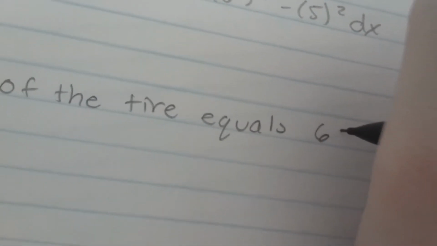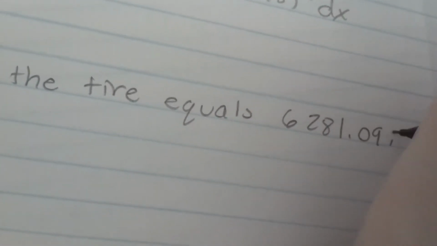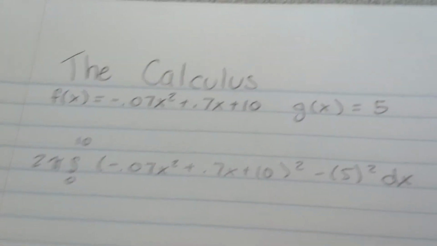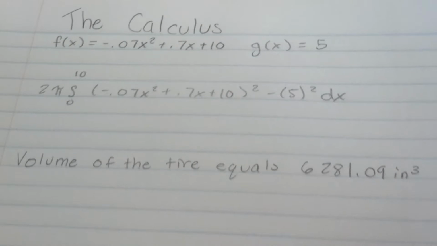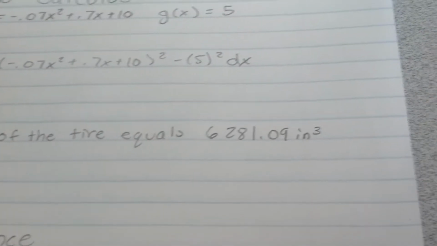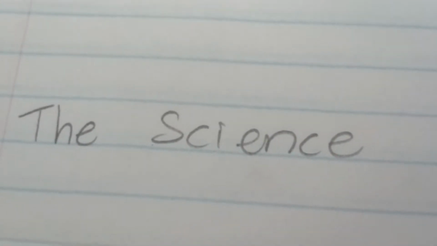Okay, from our calculations, we found that the volume of the tire equals approximately 2,681 cubic inches. From science, we learned that ideal gases have a common relationship between pressure, volume, moles, and temperature.